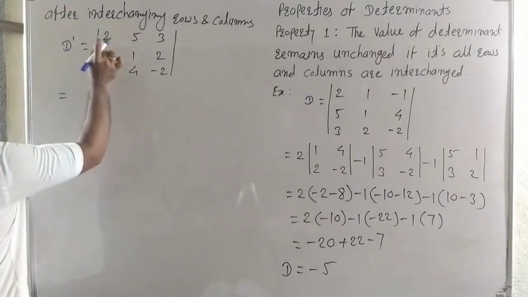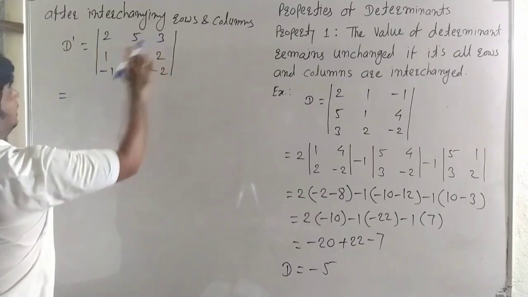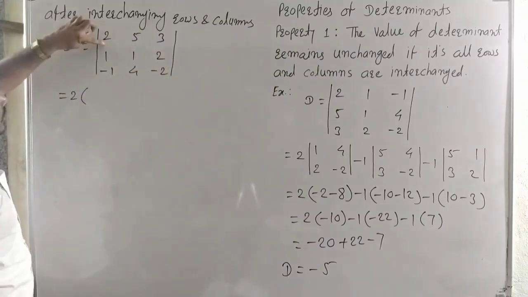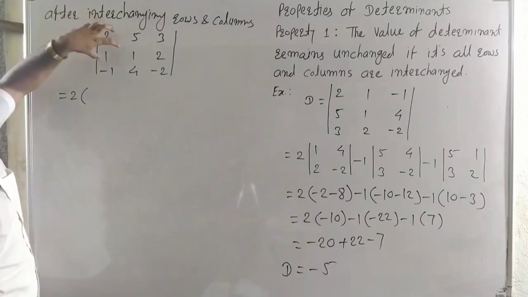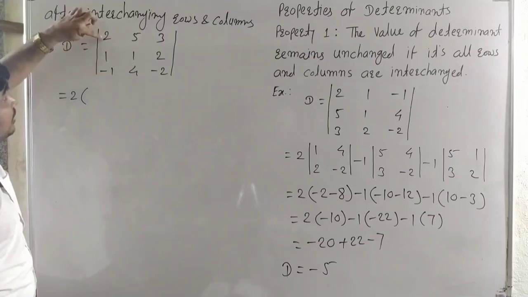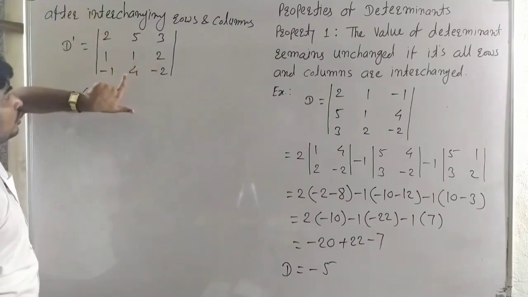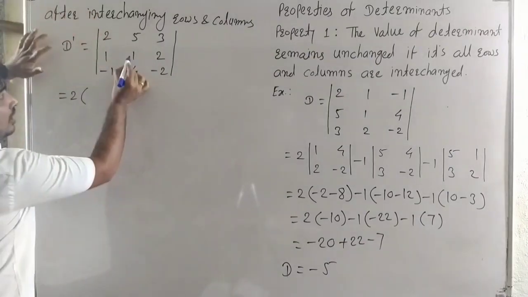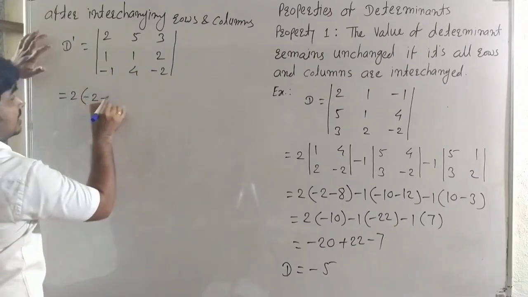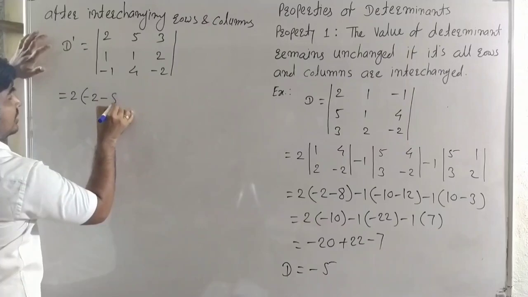Here the first row is 2, 5 and 3. See carefully, we can directly write 2 into, in the multiple of 2 we get the determinant by deleting the row and column of the element 2. We get 1, 2, 4, -2. That means 1 into -2, -2. Minus 2 into 4, it is 8.